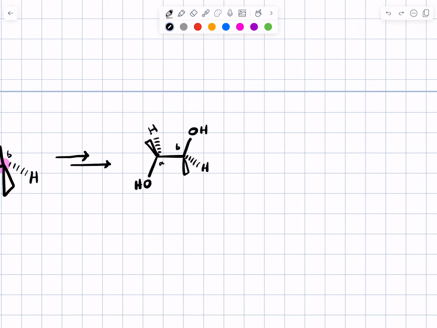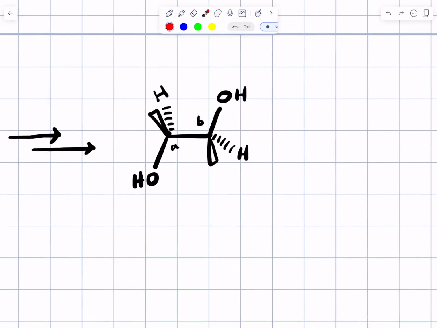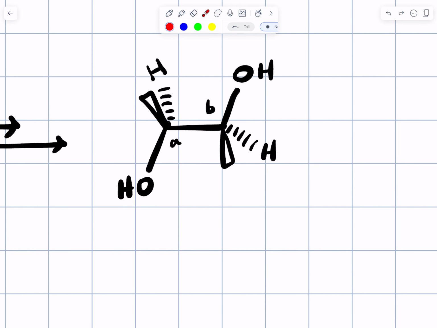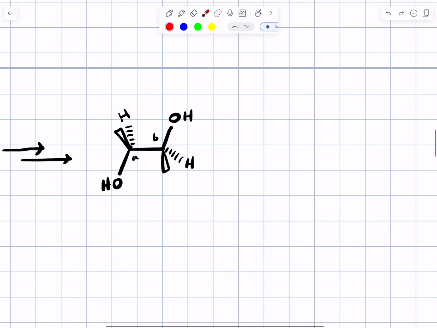Another thing you can do, I don't know if you've noticed, but on carbon A, I have an OH, a methyl group, and a proton. On carbon B, I have an OH, a methyl group, and a proton. So that's a classic situation where there's the potential for some symmetry that would make this molecule not chiral.